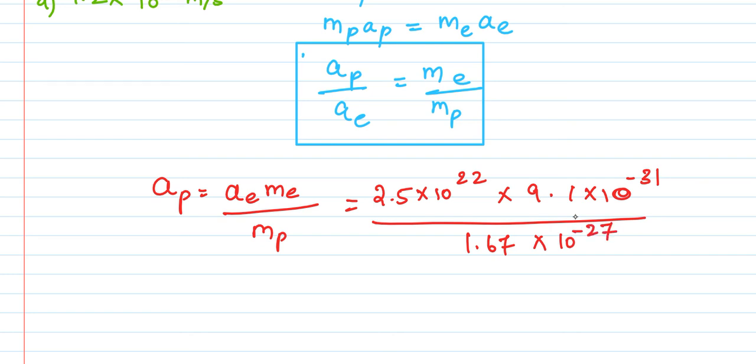If I calculate this, the answer is equivalent to 1.5 into 10 to the power of 19 meter per second square.